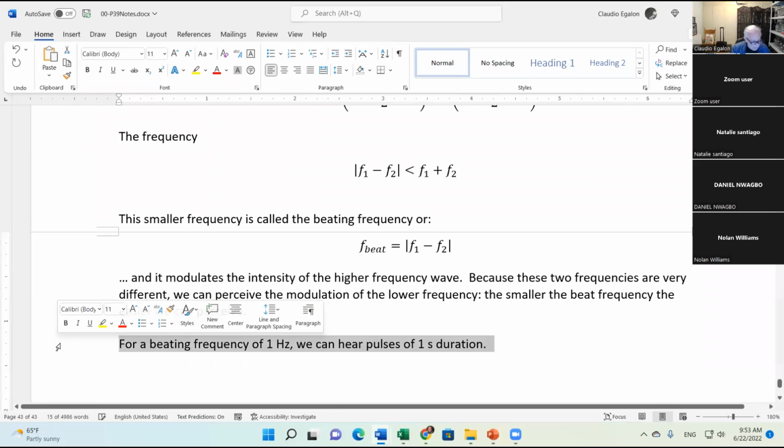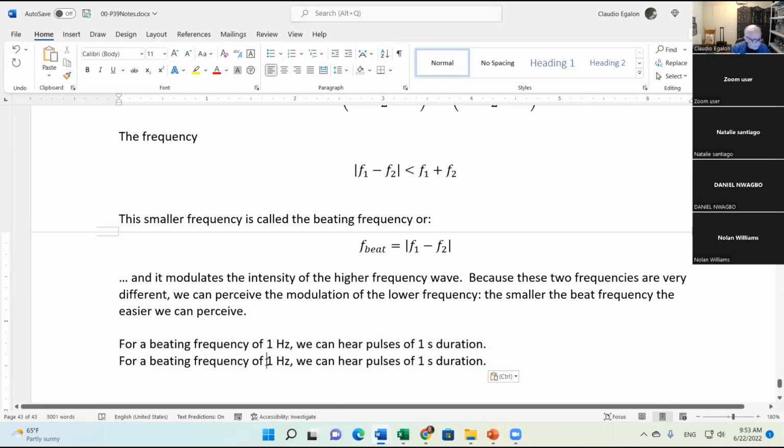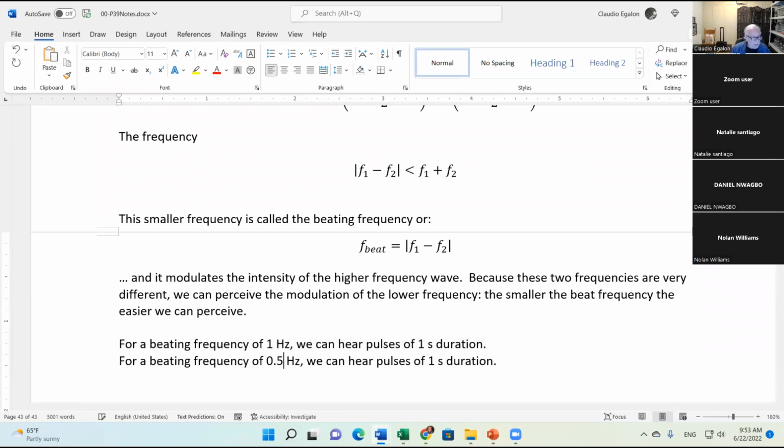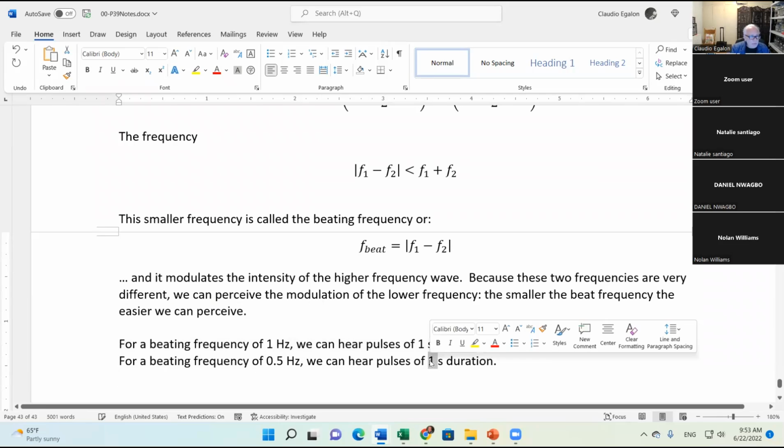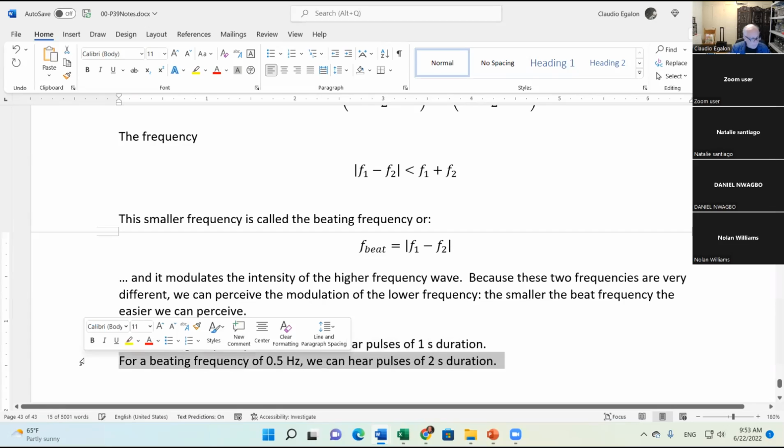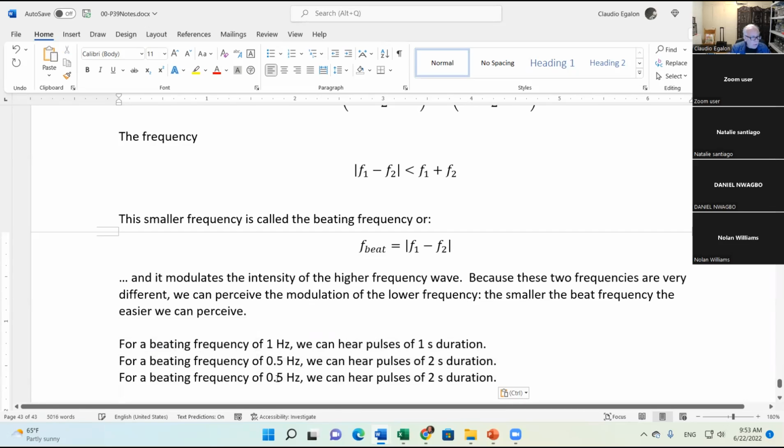For a beating frequency of 0.5 hertz, we can hear pulses of 2 seconds duration.